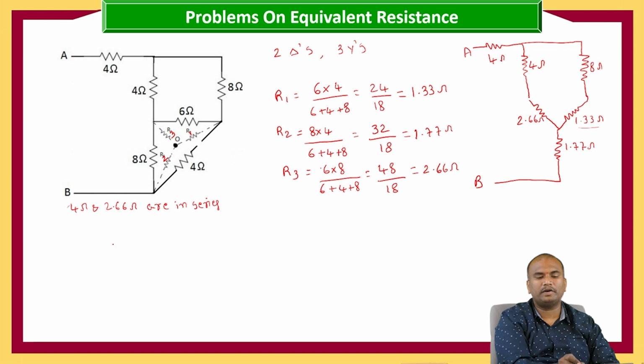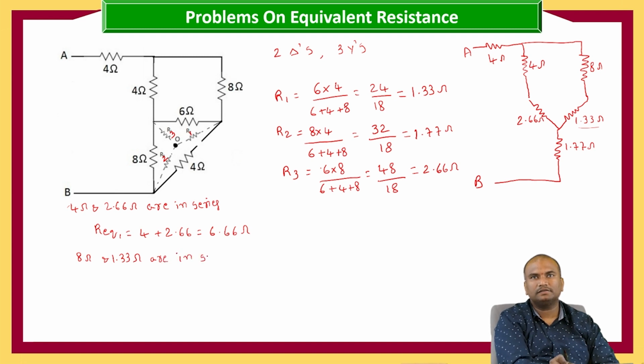So when 4 ohms and 2.66 ohms are in series, R equivalent 1 is equals to 4 plus 2.66, which is equals to 6.66 ohms. And 8 ohms and 1.33 ohms are in series. R equivalent 2 is equals to 8 plus 1.33, which is equals to 9.33 ohms.